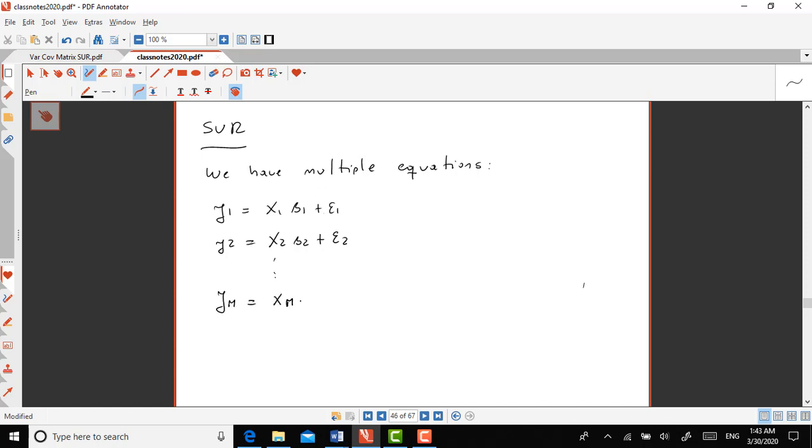We have to be a little bit careful with notation here, because remember before, this index i used to refer to the number of individuals; now we're using it to refer to equations. Another way to write it is yi equals xi delta i plus di.